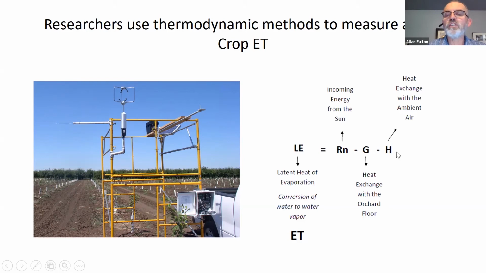We take this information measured from these instruments, and we can then calculate a latent heat of evaporation. This is the residual energy left in the orchard to convert water to water vapor, which is essentially what we are doing with evaporation and transpiration, or ET.